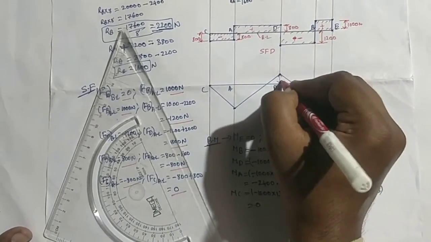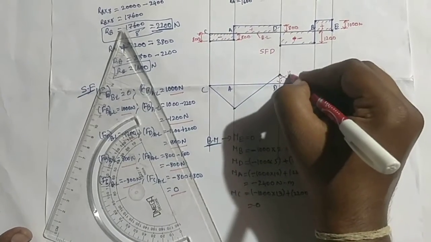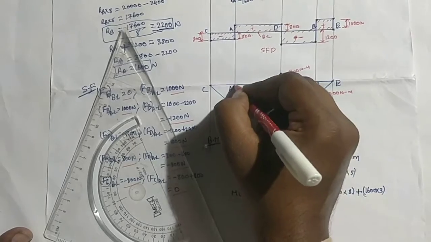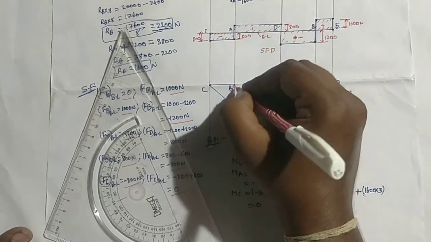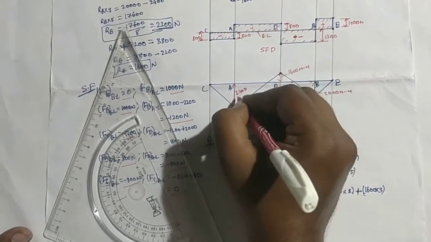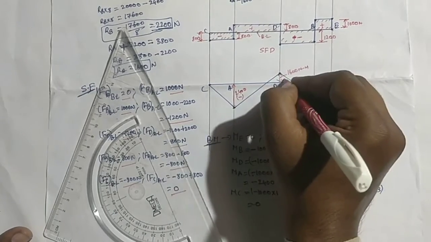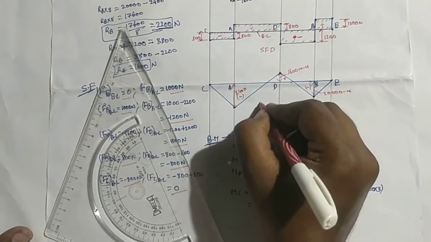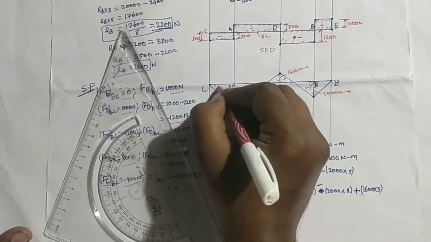Next, bending moment at point D is 1600 Newton meter. Next, bending moment at point A is 2400. It is negative, and this one is positive, and this one is negative. This is the bending moment diagram.